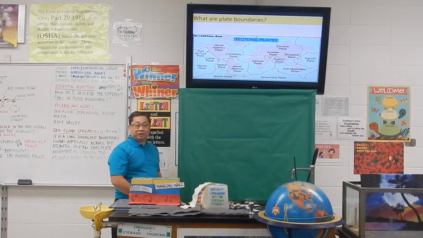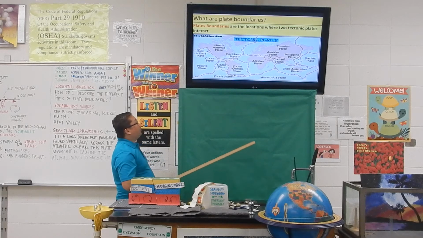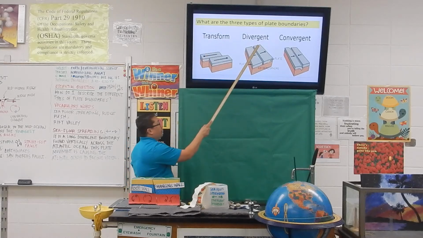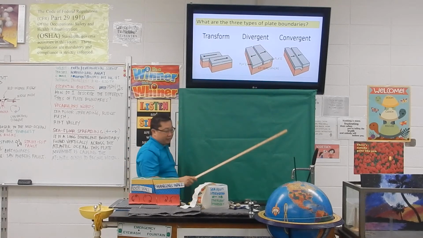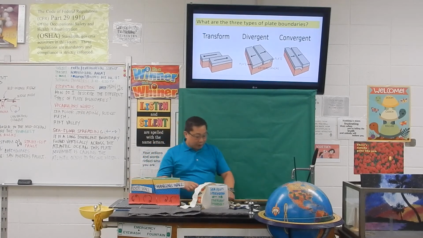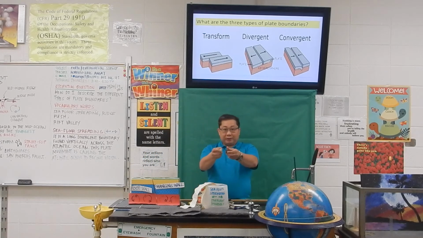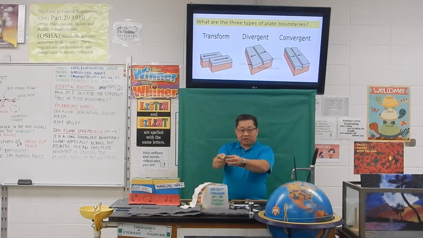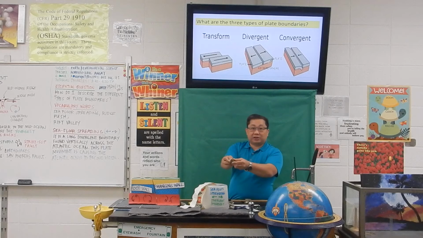Now, again, these lines are what we call the plate boundaries. And in our previous discussion, we identified those plate boundaries as either transform, divergent, or convergent. So, let's begin with the transform. With the transform, two plates slide past each other, but as they slide, they get stuck, and when they get stuck, pressure builds up.